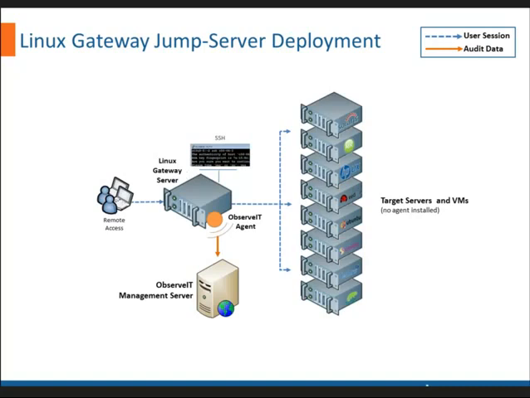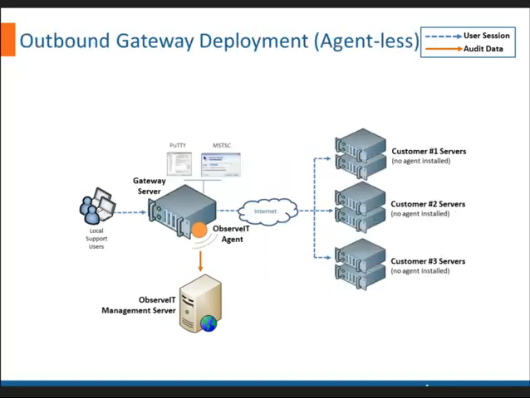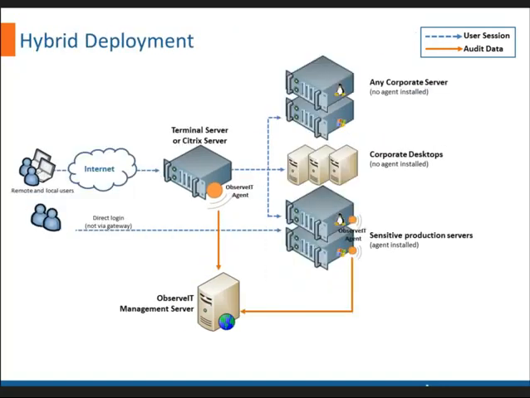I want to point out that those two options, the gateway option and the standard agent-based option, are not mutually exclusive. Our most popular deployment method is actually a hybrid deployment, in which you use a gateway to get generic or global coverage of every server in your network, and route your remote users via that gateway.